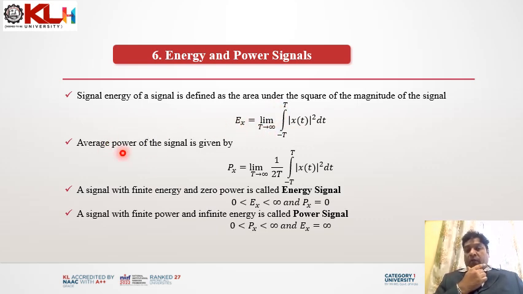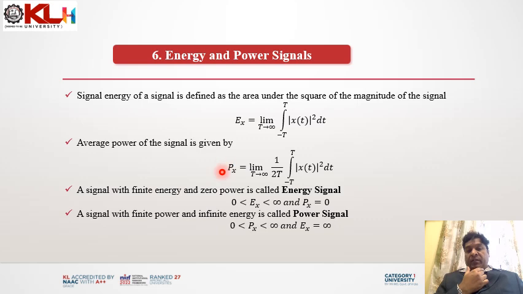Now what is the power of the signal, the average power? We know from physics that power is energy per unit time. So we have to divide the energy by the total time duration, which goes from -T to T. So the total duration will be 2T. If we know the energy formula, we can simply get the power formula by dividing by the time.